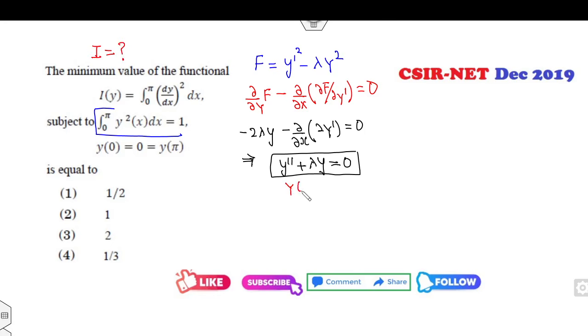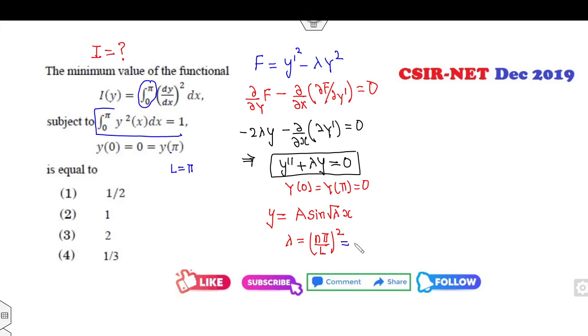Now also given that y of 0, y of pi is equal to 0. So that means it's a boundary value problem. So what is my solution? A sine under root lambda of x, where lambda will be n pi over L whole square. What is L? L is pi, the length of this.